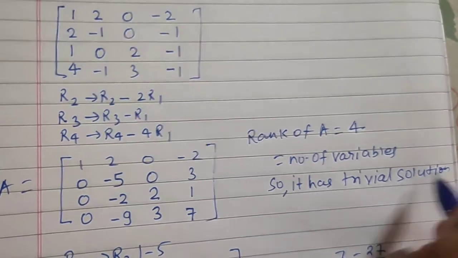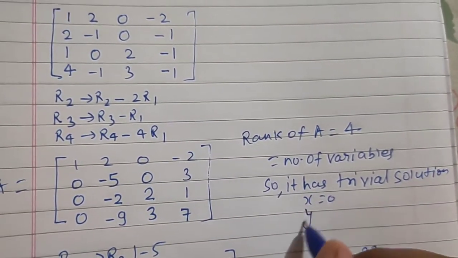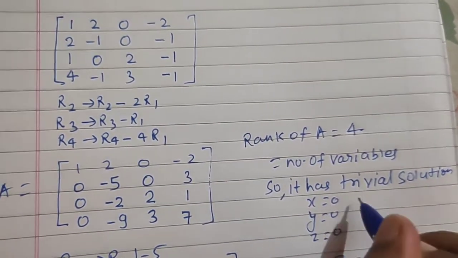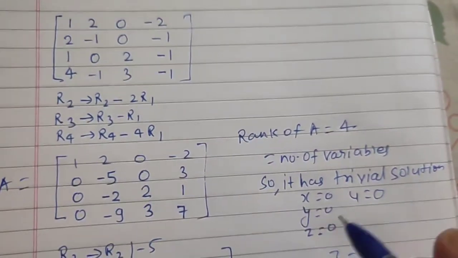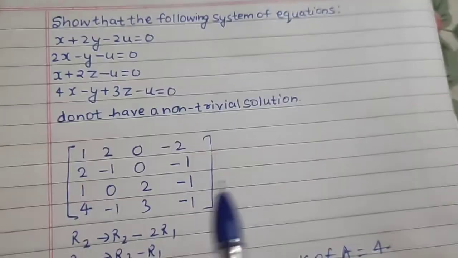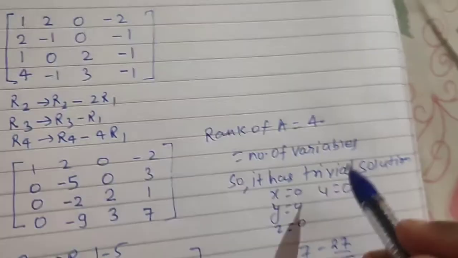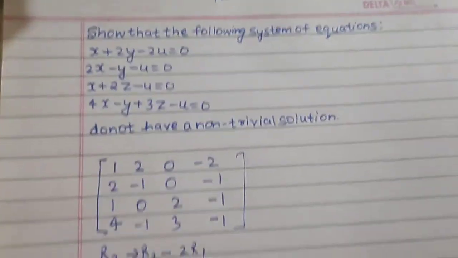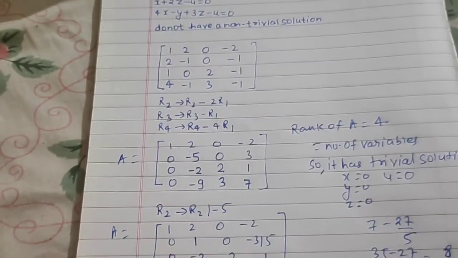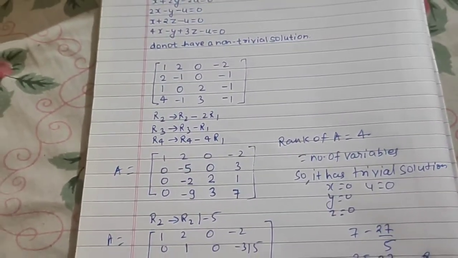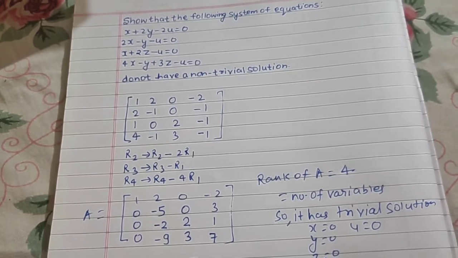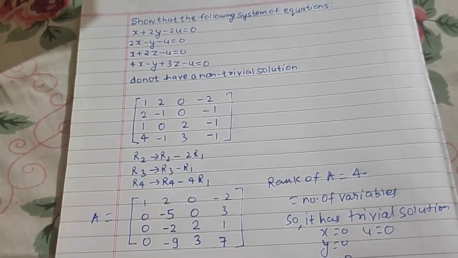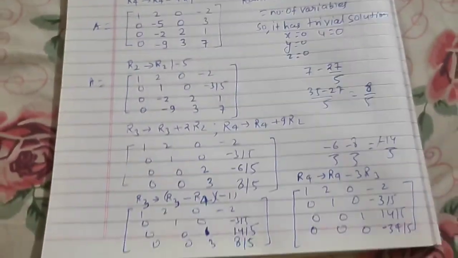If they ask us, we can write x equals 0, y equals 0, z equals 0 and u equals 0, if they haven't asked this in this question. So if this has a trivial solution, it will not have a non-trivial solution. So it was an easy question. You have to write the statement at the last that it will not have a non-trivial solution because it has a trivial solution. So that's it from my side.